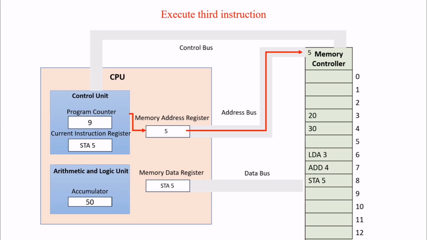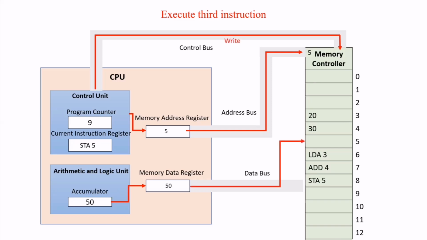In order to execute this particular instruction, the contents of the accumulator are copied to the memory data register. A write instruction is then issued by the control unit and the data is copied using the data bus into memory location 5. And that's the program completed.